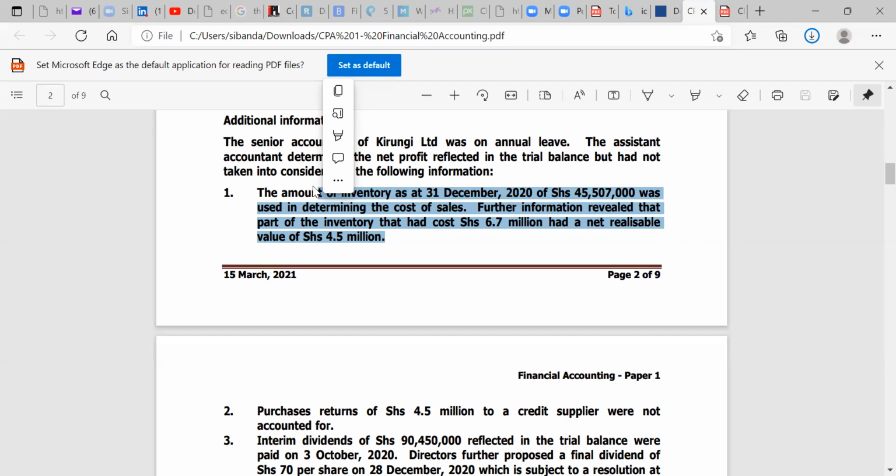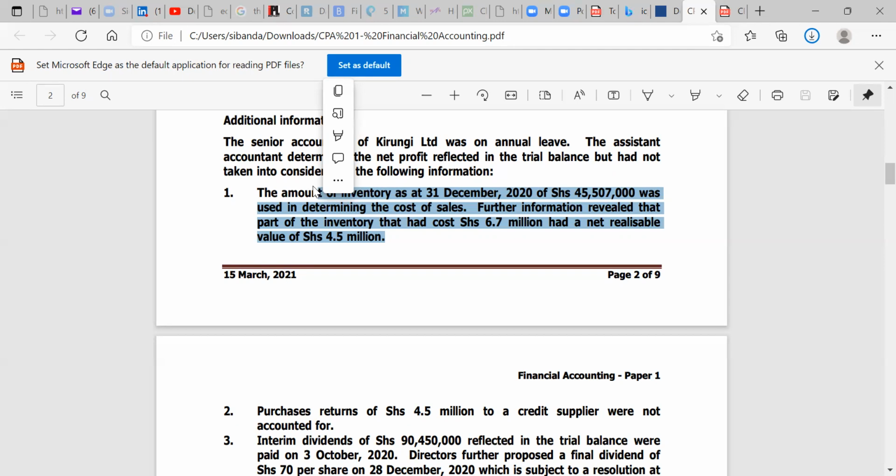So if they can pay 150,000 and you remove 5,000 transport to deliver that phone, the difference you get is the net realizable value. That's why they call it net realizable. They would have told you realizable value, but they call it net realizable value because part of that amount is incurred while you're trying to sell the product.